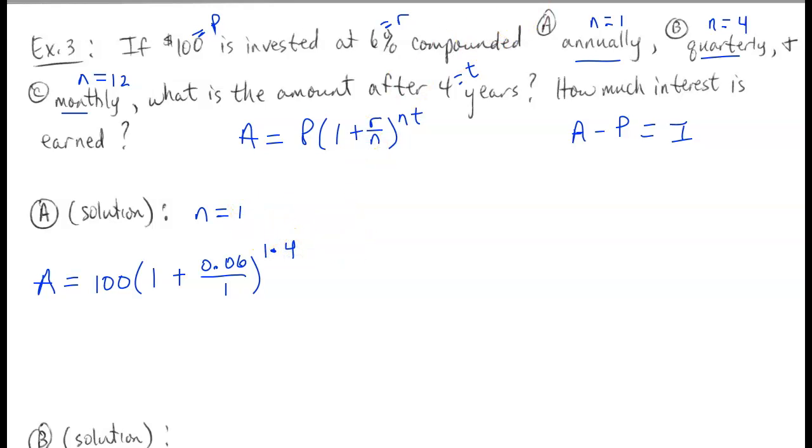And that's not 1.4, that's 1 times 4. And I may write it like this to make sure that we don't mistake that. Okay. And so once we have all that, then this will just end up being 100 times 1.06 raised to the power of 4.